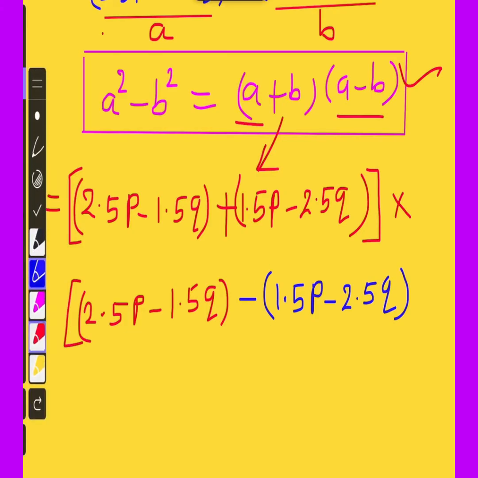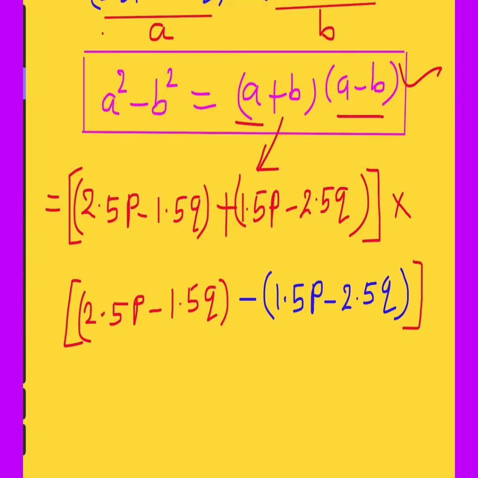I want to tell you once again what you will do here, try to understand. We will use this identity a² − b² equal to (a + b)(a − b), means in the first bracket we will add both and in the second bracket we will subtract both. So see, I have done that; this is your a and this is b, so I added these two, this plus this. And in the second bracket we will subtract according to this identity.